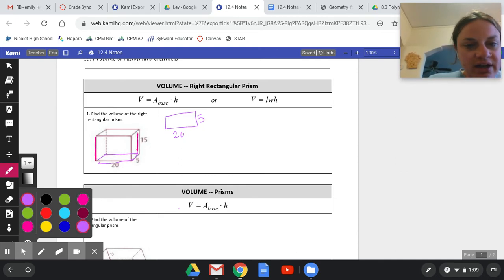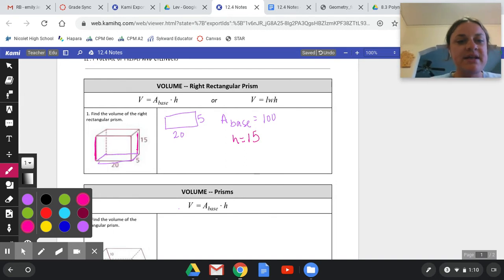So to find the area of my base, I'm just going to multiply the 20 times 5. So area of my base is equal to 100. And then my height is equal to this 15, which is the distance between those two bases.